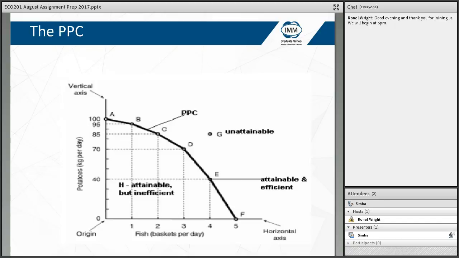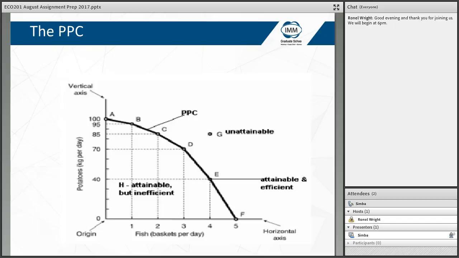If we move from point A to point B, we have to give up something. We have to sacrifice some resources from the production of potatoes to the production of fish, because those resources are limited. We cannot have more fish without sacrificing any potatoes. So moving from one point to the other, the concept of opportunity cost is already coming up.